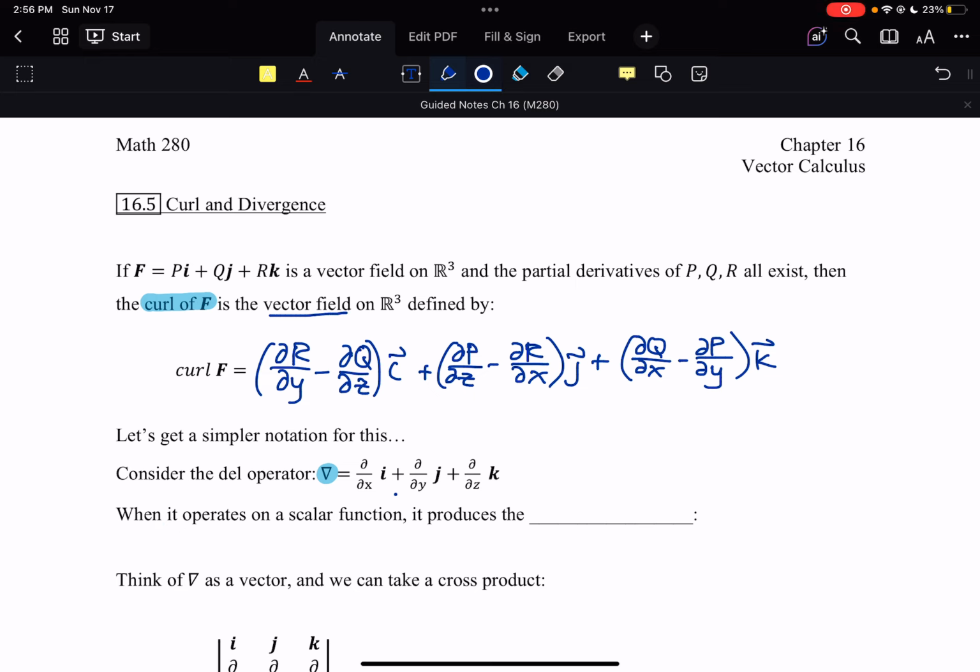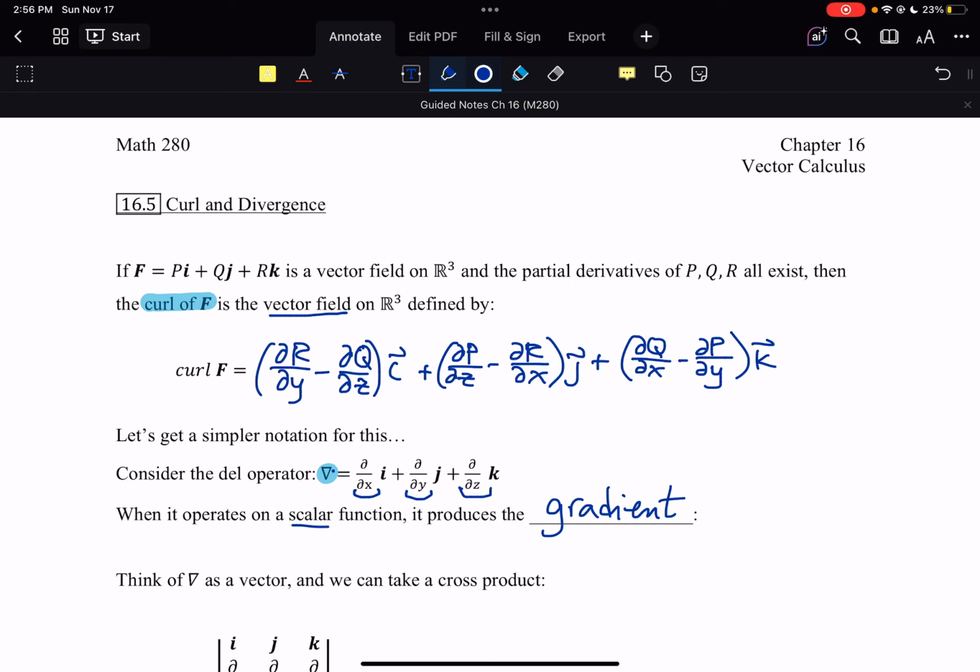When we operate the del operator on a scalar function, it produces the gradient. So we have partial with respect to x, with respect to y, with respect to z. In and of themselves, these partial notations don't mean anything unless you apply them to something. So we're just keeping them in here as placeholders.